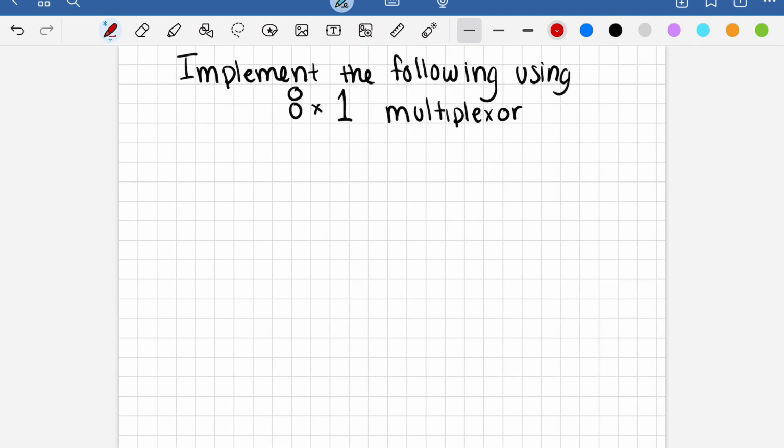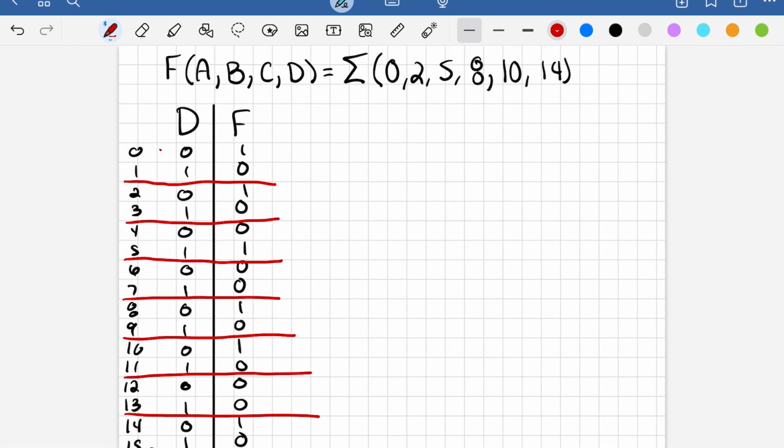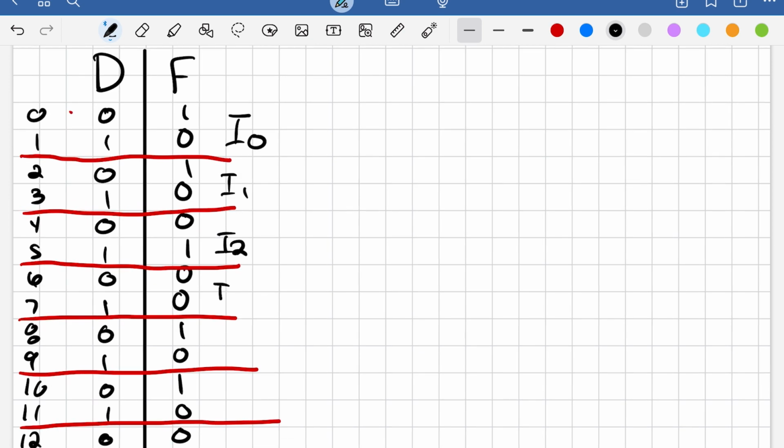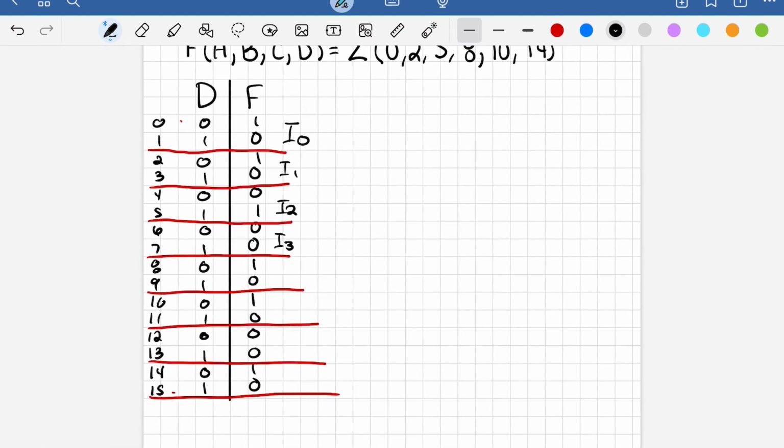I have an 8x1 multiplexor, meaning I need 8 outputs. 16 divided by 8 is 2. So I need pairs. So this is going to be our I0, I1, I2, I3, I4, I5, I6, I7. So we have a total of 8. 0 through 7 is 8.